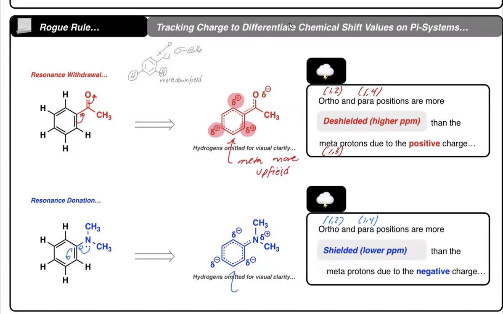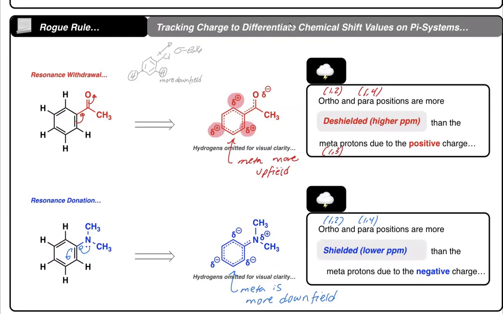So comparatively, because the meta is not receiving that negative, the meta positions and the protons there are technically now more downfield than the ortho and para positions. And this is because having negativity land at the ortho and para carbons is leading to a direct shielding at those ortho and para positions.